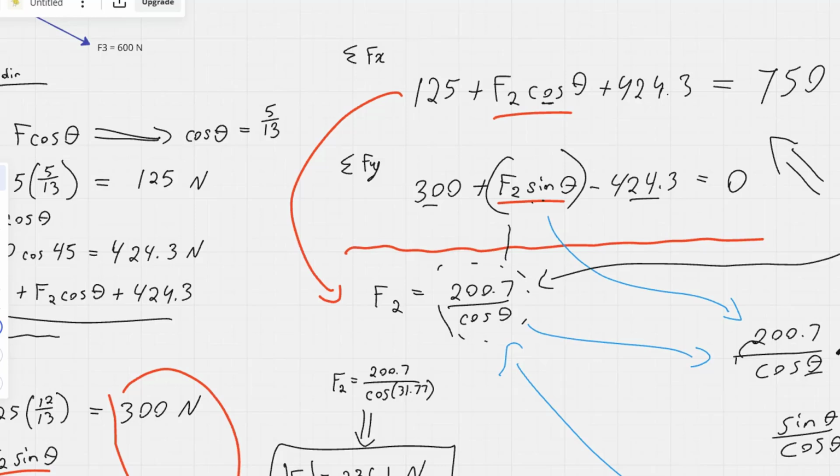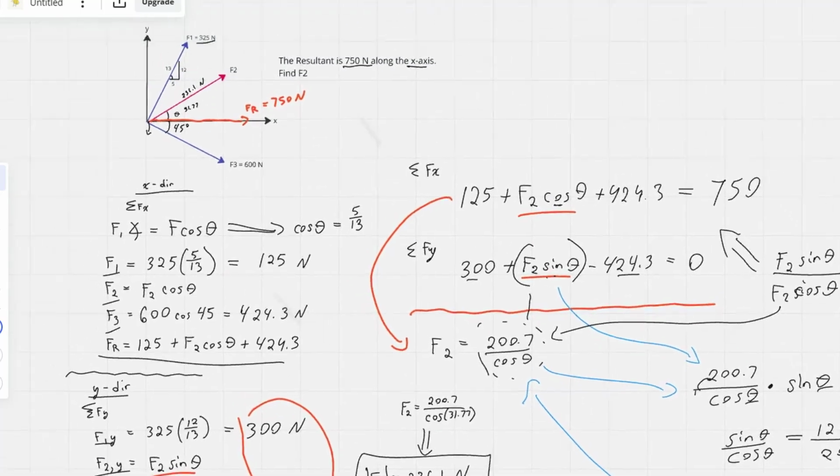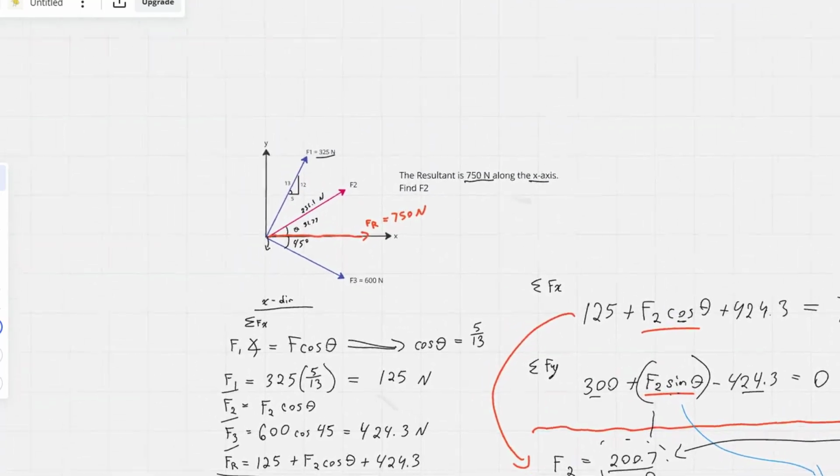So it's a good little practice example. A lot of the times you want to try to get it into where you have 2 equations, 2 unknowns, 3 equations, 3 unknowns, and it's almost like a puzzle at that point where you're trying to fit everything together.